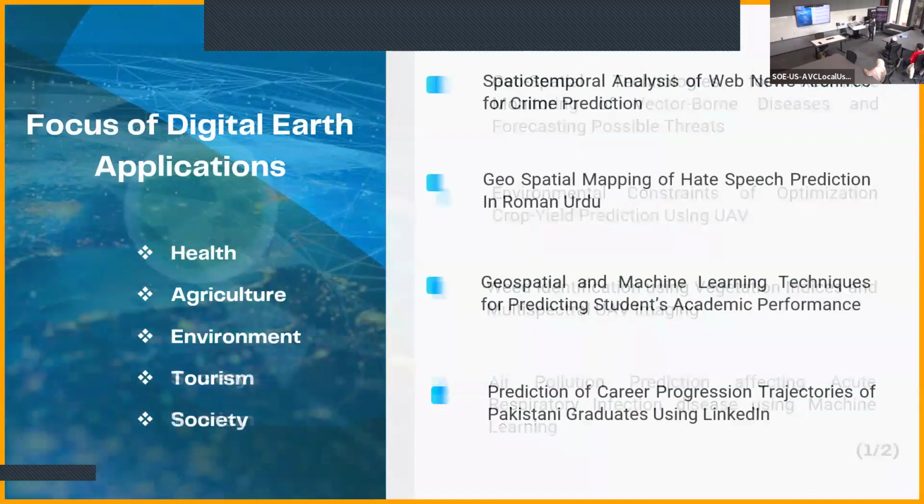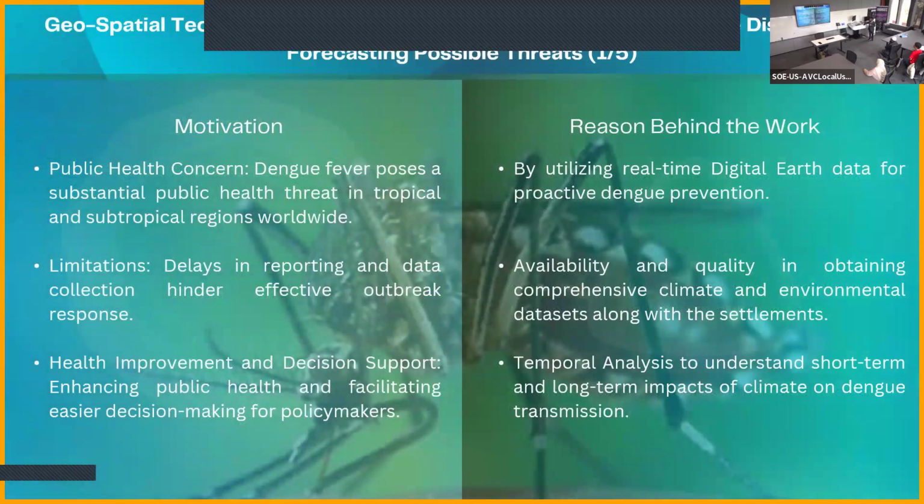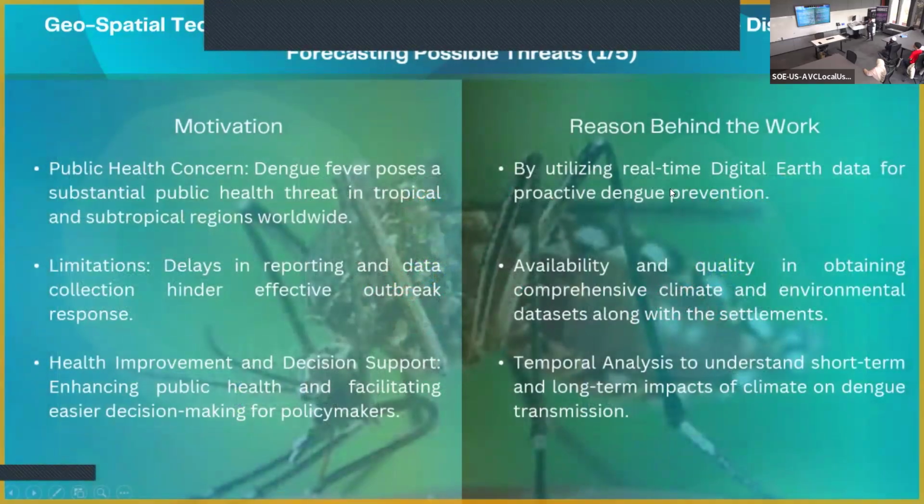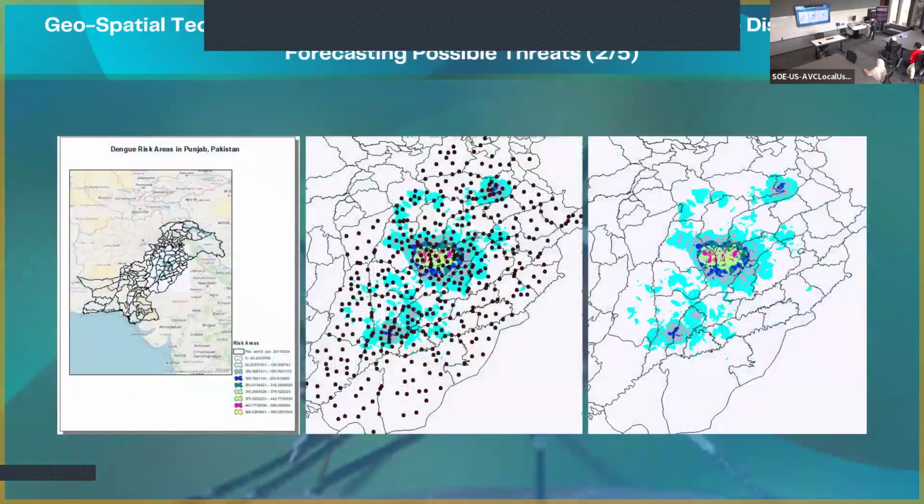So coming back, that was just a brief introduction. This was the study we already told you about, where we obtained different types of data sets through weather satellites, through humidity, through vegetation, and we tried to develop a forecast of dengue habitat. That is, where there is a possibility the mosquito can grow and cause damage to society.